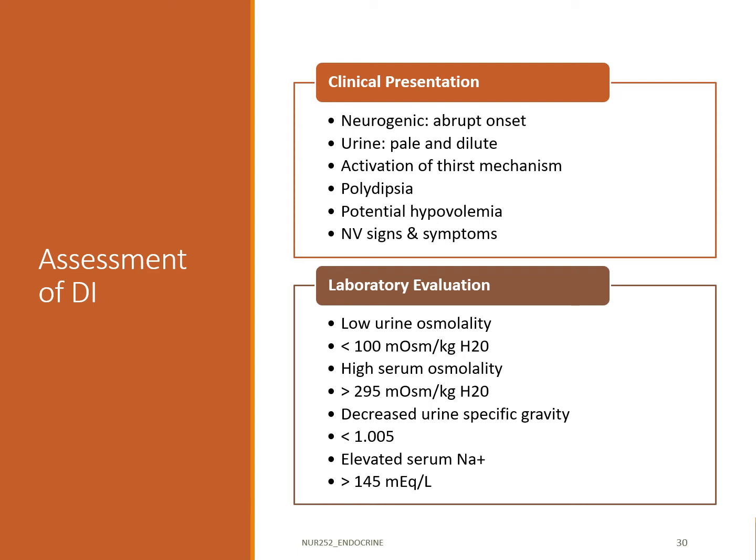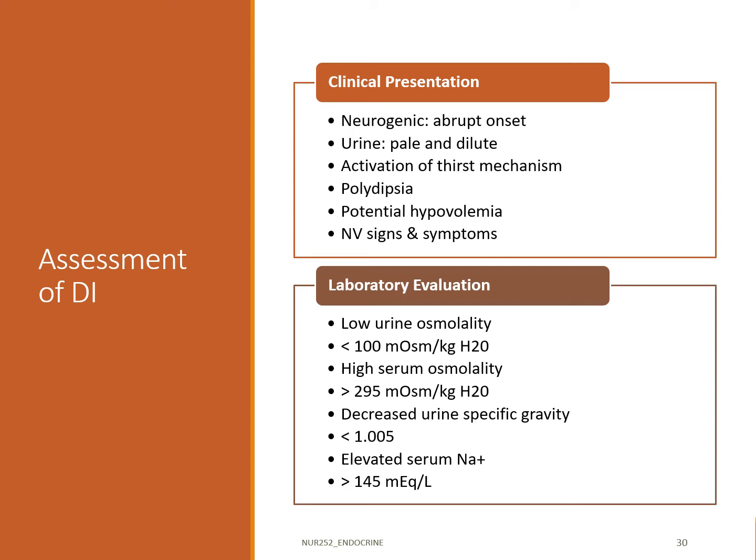If your client is conscious and the thirst mechanism has activated, you will observe polydipsia. If unconscious and water has not been replaced, signs of hypovolemia will develop, such as the following: hypotension, decreased skin turgor, dry mucous membranes, tachycardia, weight loss, and low right atrial and pulmonary artery occlusion pressures.